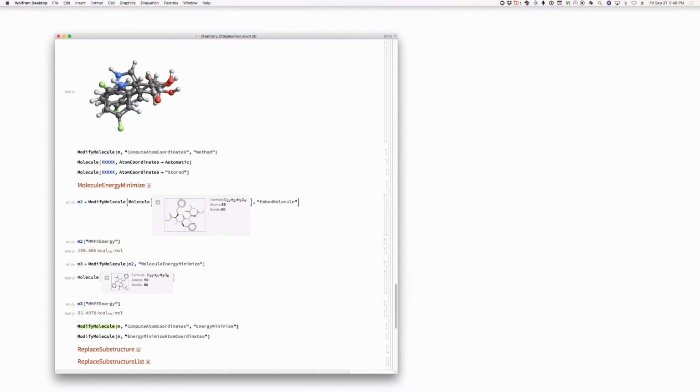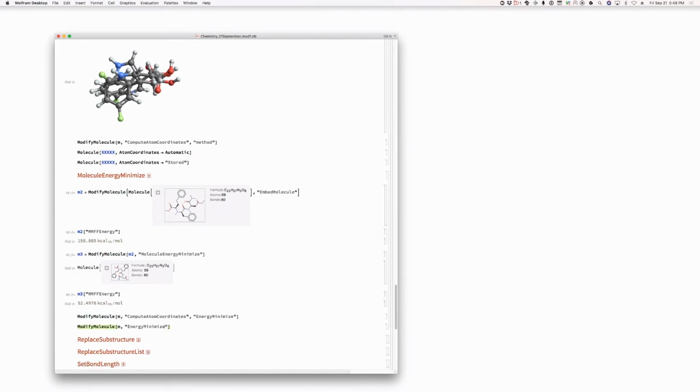So I actually like to keep these separate just because, let's see, with the force field minimizing, eventually we're going to have nice syntax for adding constraints. So I want the bond angle between atoms 3, 6, and 7 to be 30 degrees, or I want it to be 120 degrees. And all right, look, maybe we just say modify molecule energy minimize. Energy minimize configuration or something.